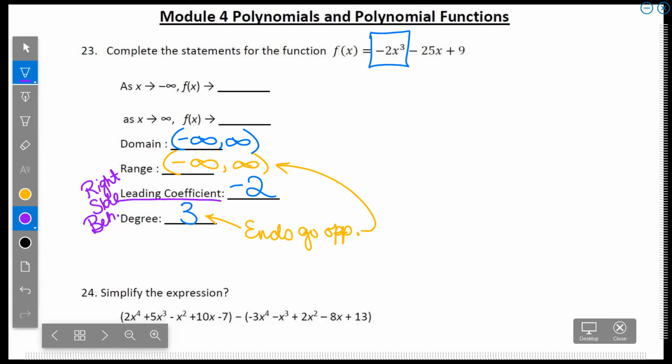What kind of number was my leading coefficient? Negative. So what is the right side doing? Going down. Which one of these means the right side? Positive, because the right side of my x-axis is where the positive numbers live. So this is the right. You guys told me that it's going down, so that would be negative infinity. Which means the left side is doing what? Left side is going up.